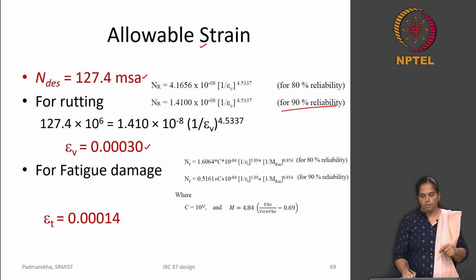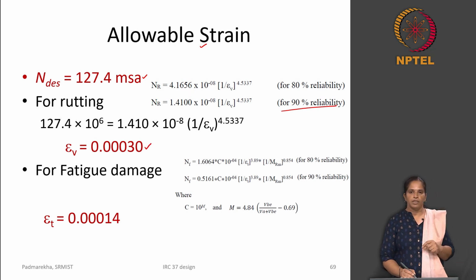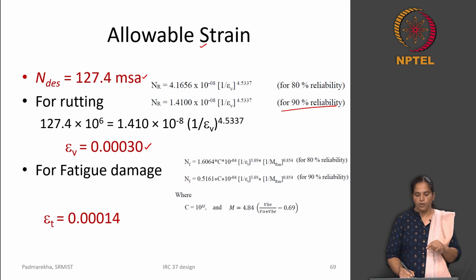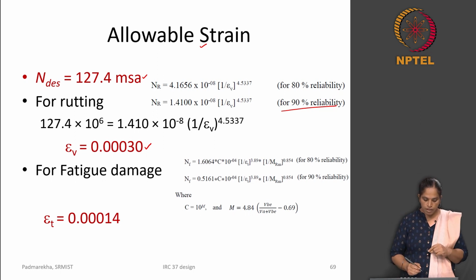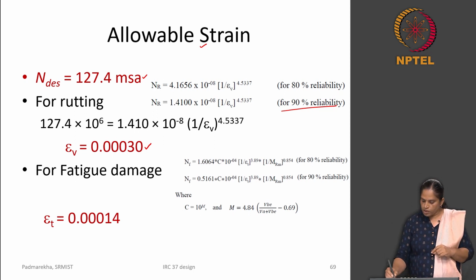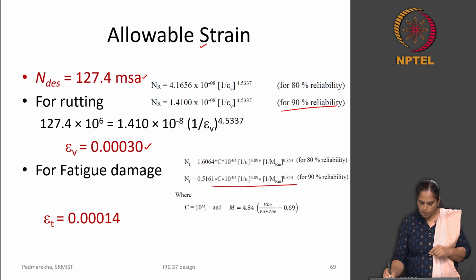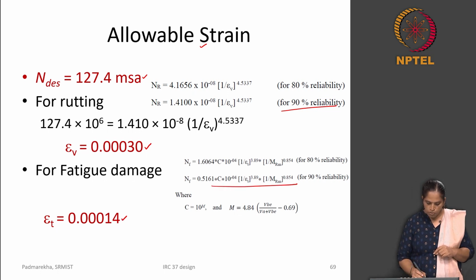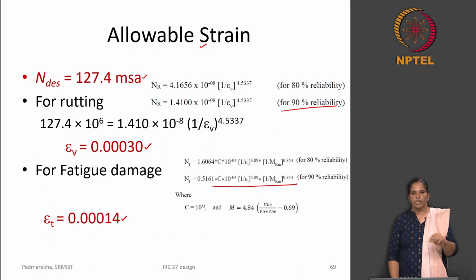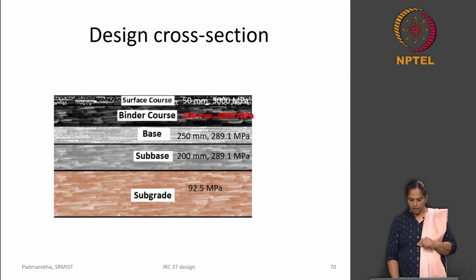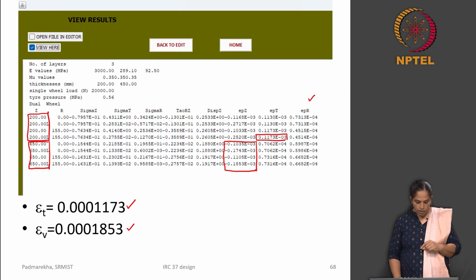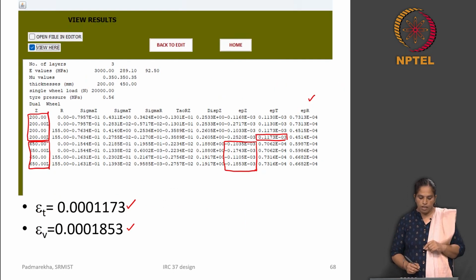So, this is the maximum strain that is allowable in the pavement, meaning you need a pavement thickness so that the strain value in this will not exceed 0.0003. For fatigue damage, when you use the 90% reliability equations, you get epsilon t to be 0.00014. So, this is the allowable value computed from the traffic, but the value we got is this.